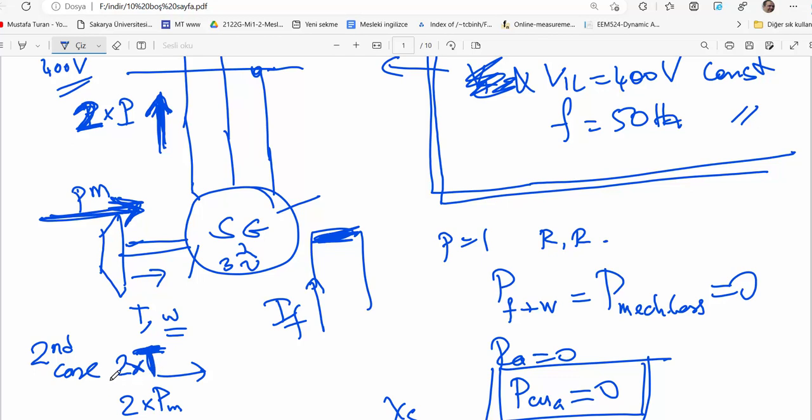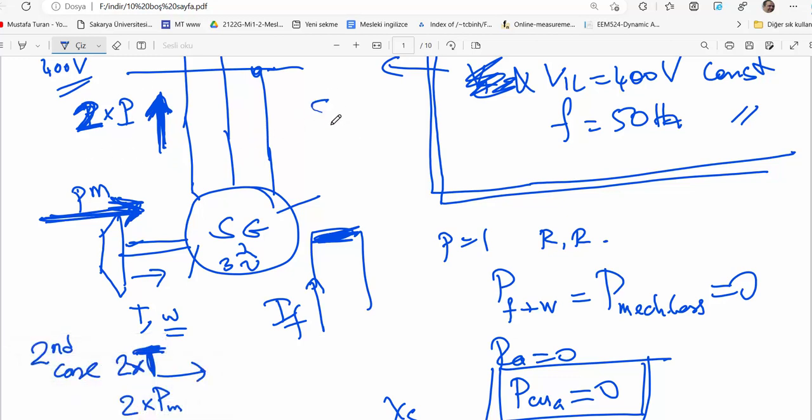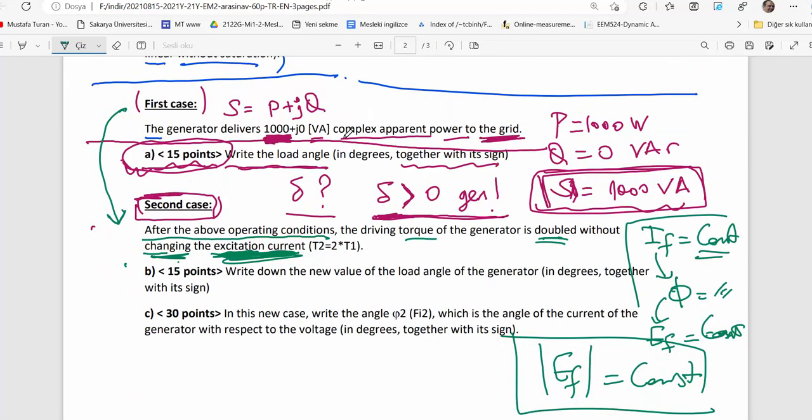So in the question, input torque is doubled, so output power has changed. But during that change, I assure you that delta will change. Remember phasor diagrams we have already discussed in active and reactive power adjustment. Delta will change.